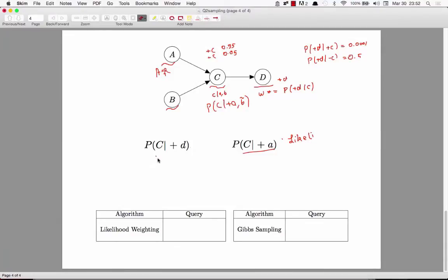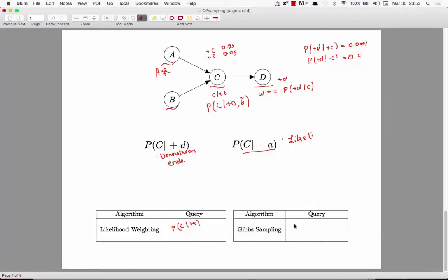Whereas in this case, this has downstream evidence, and Gibbs sampling is better at dealing with downstream evidence than likelihood weighting. So this particular query we'll solve with likelihood sampling, because when you sample C, you have already taken A into account. And this is a case of downstream evidence, and in this case Gibbs sampling will do a better job of handling it.